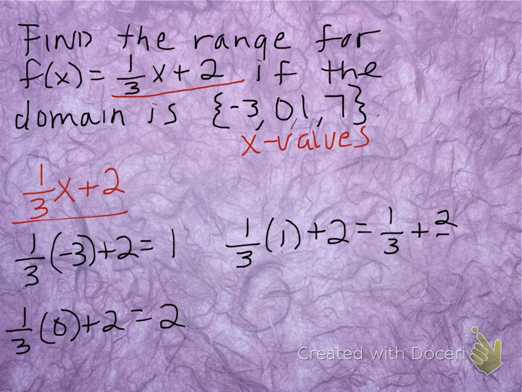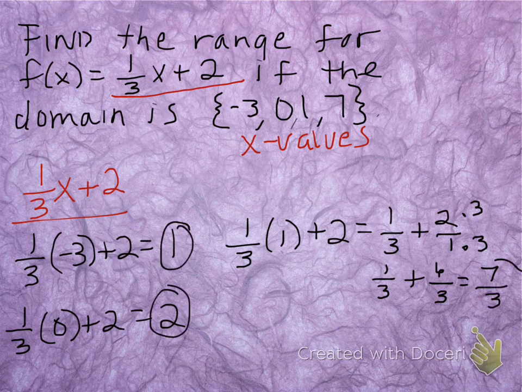So 2 is the same as 2 over 1. And in order to make the denominator the same, we need to multiply by 3. So that gives me 1/3 plus 2 times 3 is 6 over 3. So 1/3 plus 6 over 3 gives you 7 over 3. So far I have 1, 2, and 7/3 as my range.